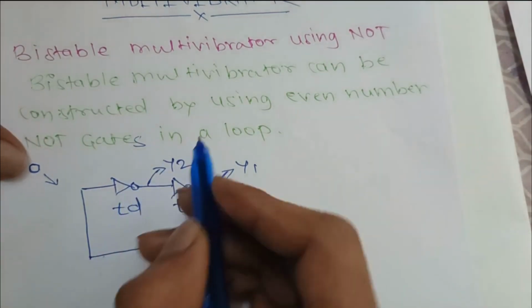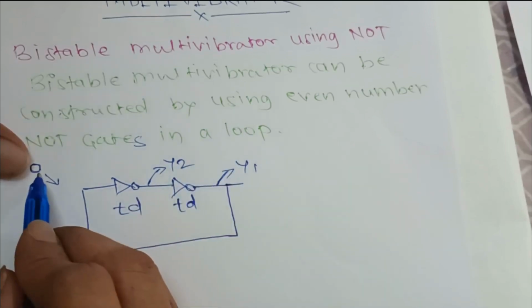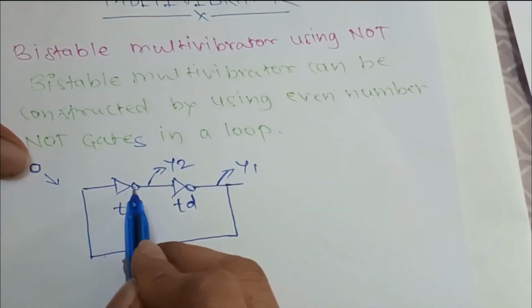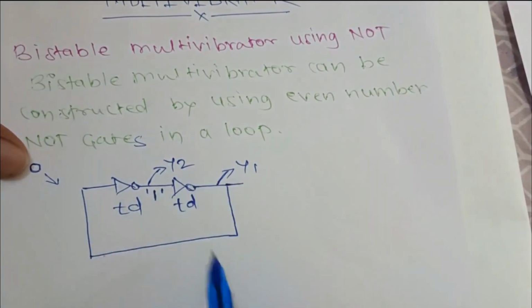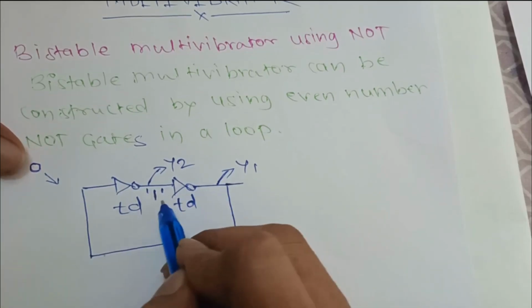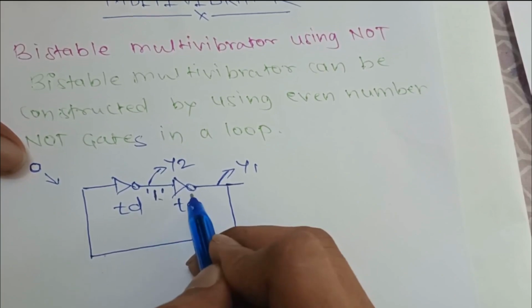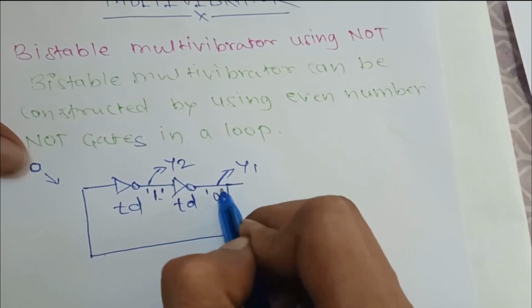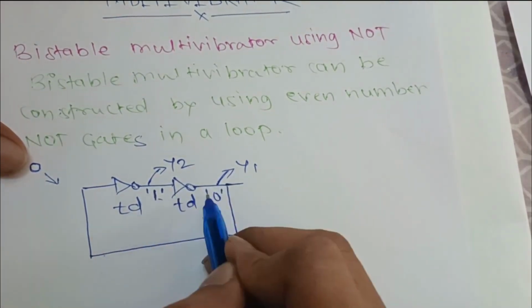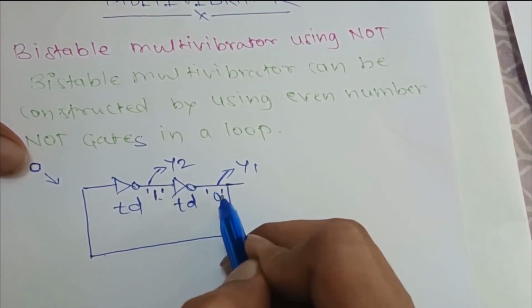So if you check the state of Y, what is the state of Y? If you apply 0 over here, NOT of 0 is going to be 1. State of Y is going to be 1. Next, the 1 is given as an input to the second NOT gate. If 1 is given as input to the second NOT gate, it is going to generate 0 as output.